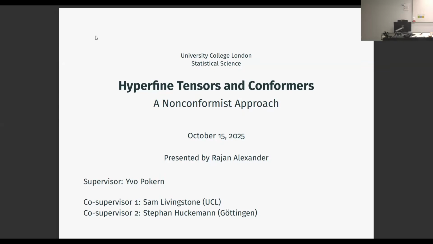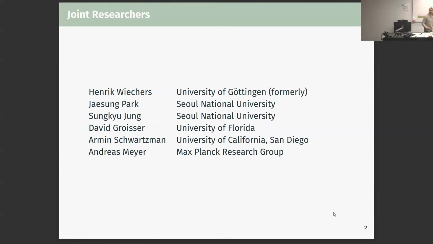I'm a supervisor at EVO, and closely involved by Sam and someone called Sam, you might know him from UCL, so Livingston, and Stefan Buchanan at Göttingen. So excuse my pronunciation of German, and do my best. Right. So these are some joint researchers labs.